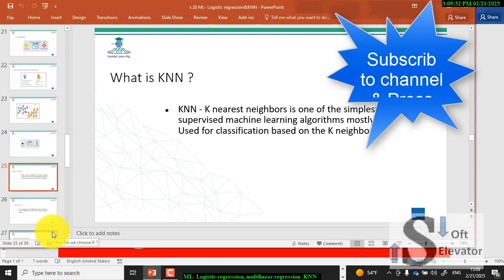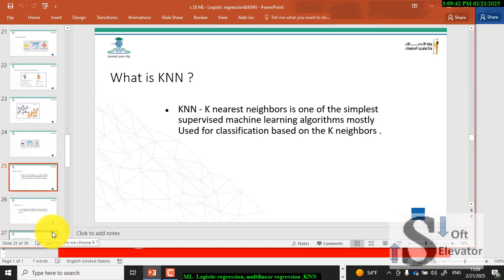KNN stands for nearest neighbors, one of the simplest supervised machine learning algorithms. It's supervised, not unsupervised.